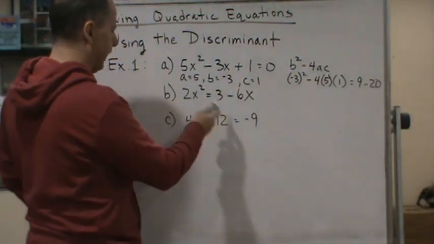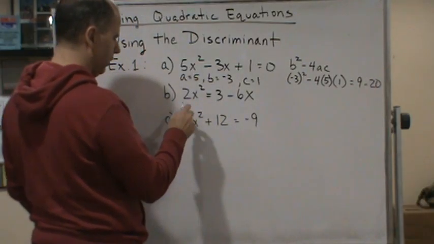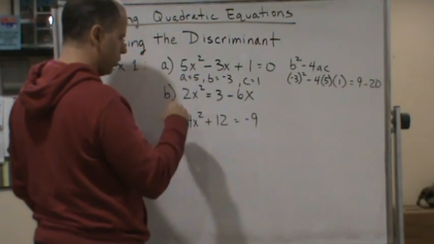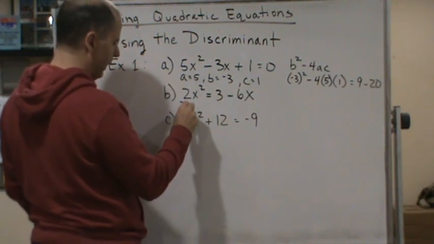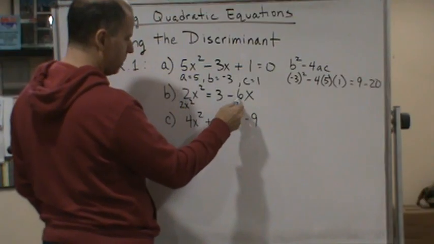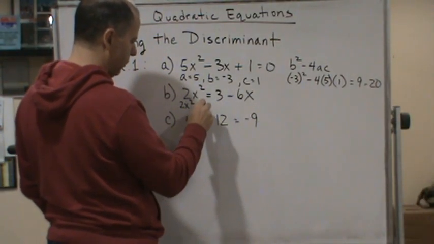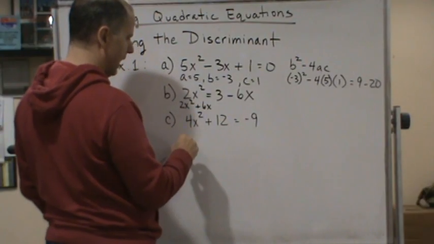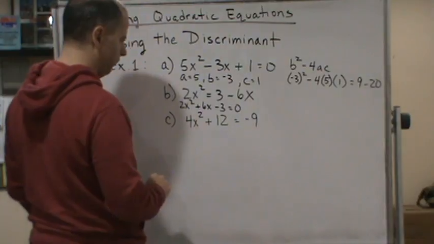B we have to rewrite as a quadratic equation, so we get the values correct. So this is going to be 2x squared, and then we're going to subtract or add 6x to both sides. That gives us plus 6x, and then minus 3 equals 0.